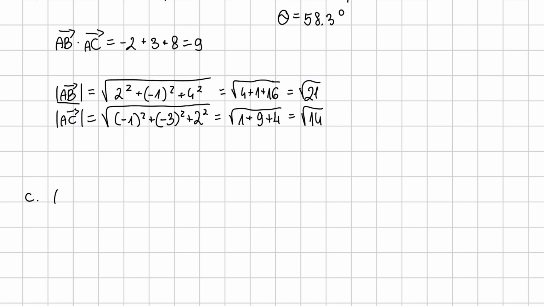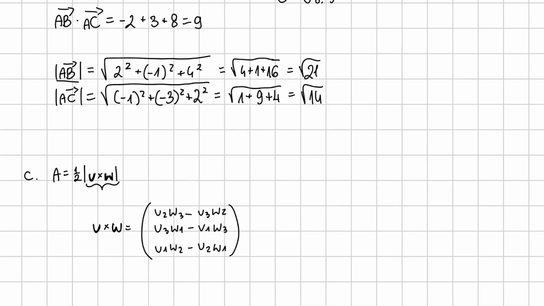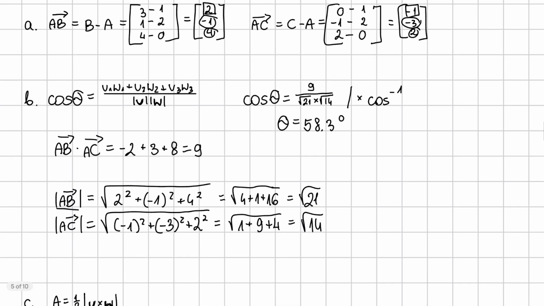So we can take just half of this formula, V times W, which, as you can observe in your formula booklet, is the vector product. Our first vector is AB and the second one is AC, so we can copy them below.